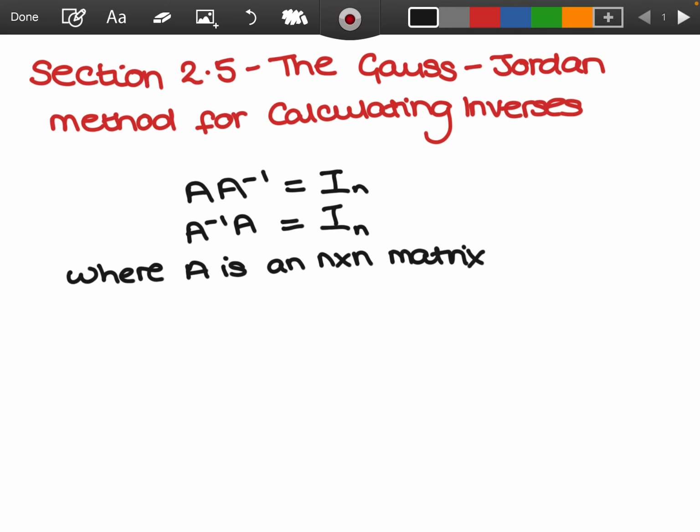Whether I multiply A by A inverse on either the left or the right, I should get that identity matrix back, that n by n identity matrix that has ones on the diagonal and zeros on the off diagonal. In particular, I'm going to look at this first matrix equation.